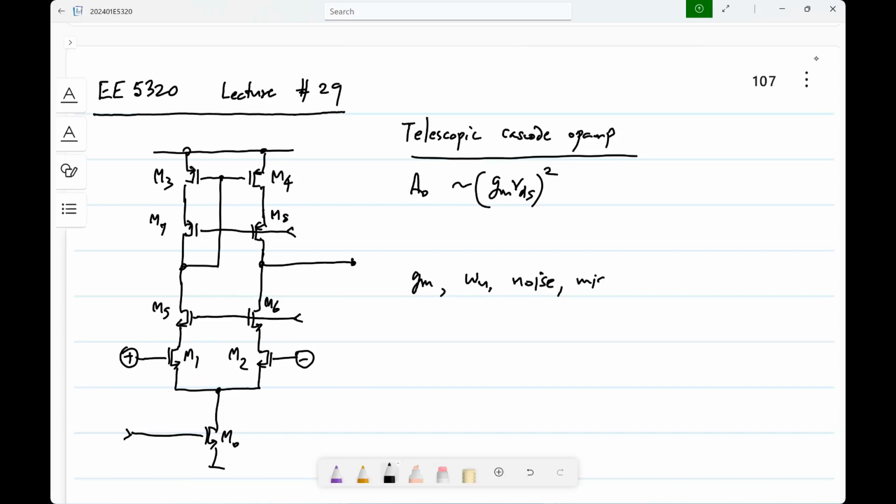Noise, mismatch. All of these are similar to the simple single stage op-amp. Of course, you have many more parasitic poles.